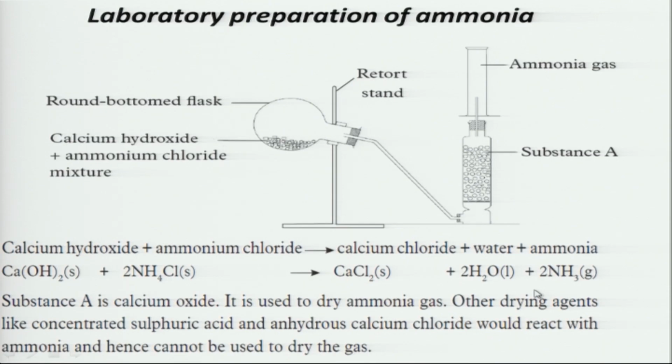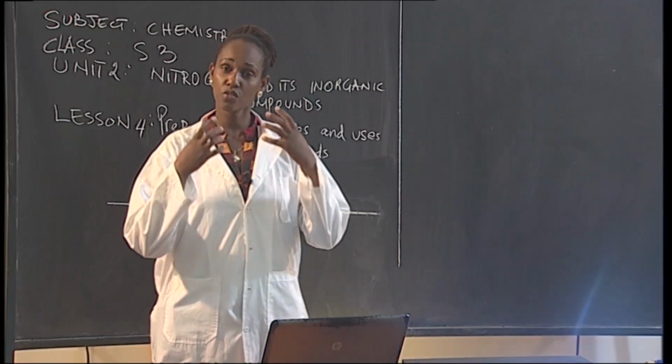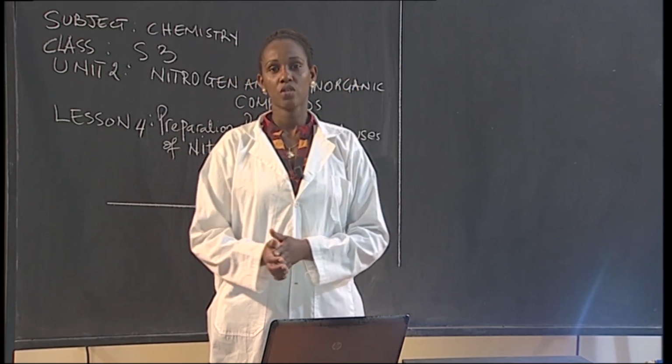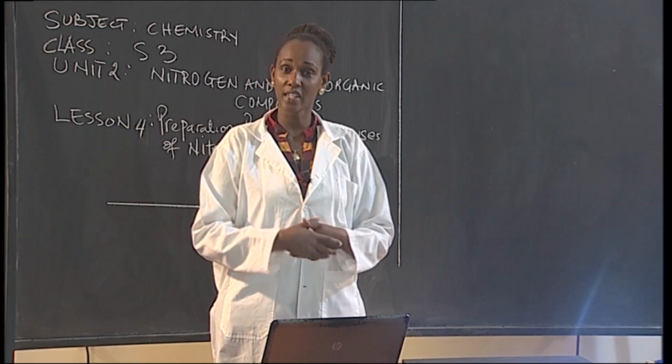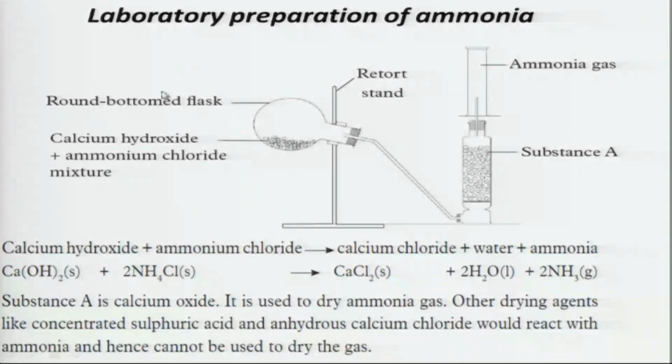So as I always tell you, in the preparation of substances in the lab, there are things you need to put into consideration. You need to know how to draw the diagram. This is the diagram, how it is set up.